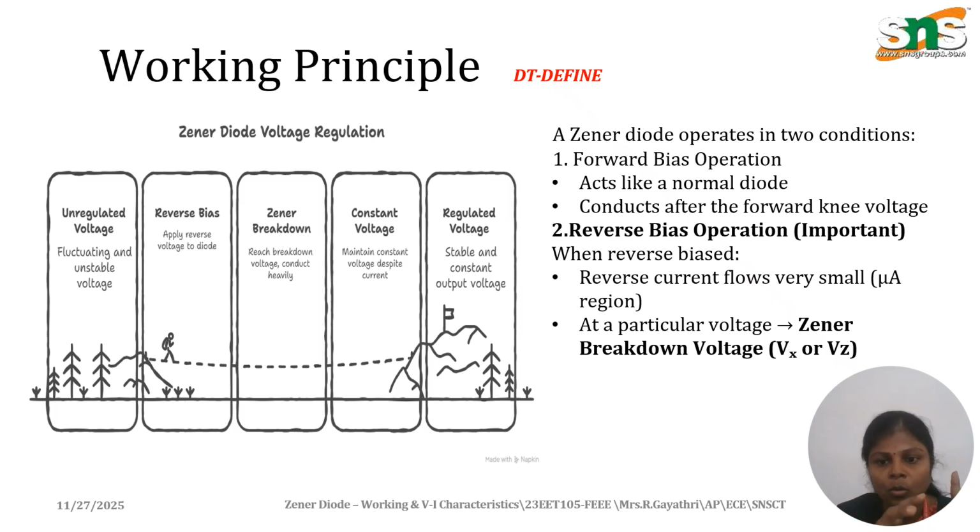At the particular voltage where the Zener breakdown voltage occurs, the current flowing through the circuit becomes maximum compared to our PN junction diode.